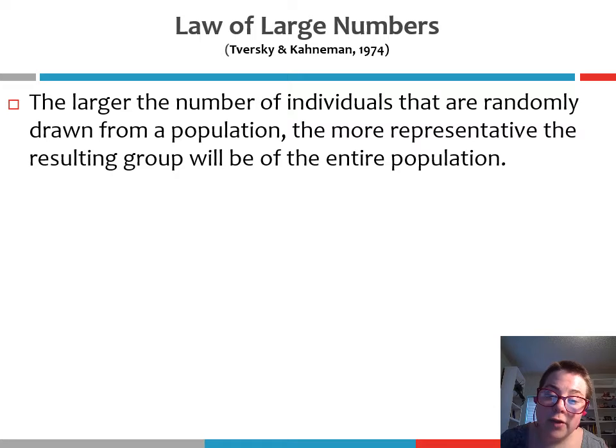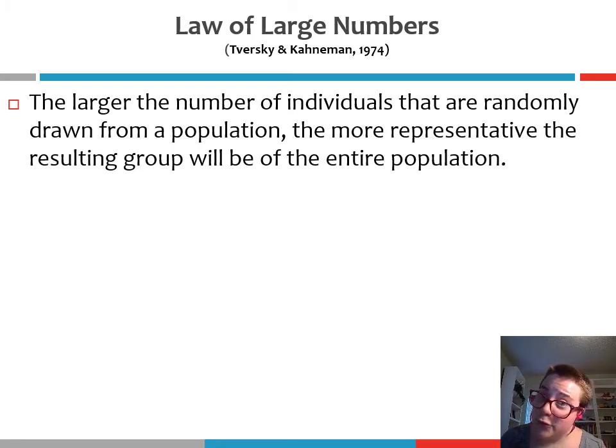So the law of large numbers basically says that the more individuals that are randomly drawn from the population, the more representative the resulting group will be of the entire population, right? So as the number of individuals that you randomly draw from the population goes up, the more representative that sample is going to be of the population, right?